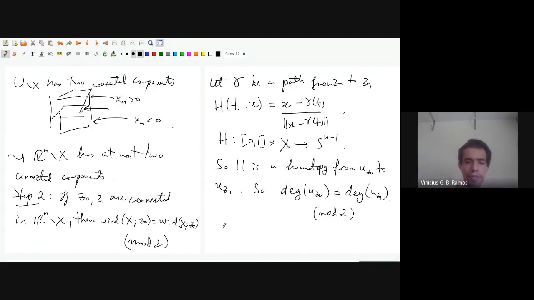But the point is that you can take a regular value of uZ0, uZ1, and such that h is also transverse to A. A regular value of all these guys and a regular value of h.